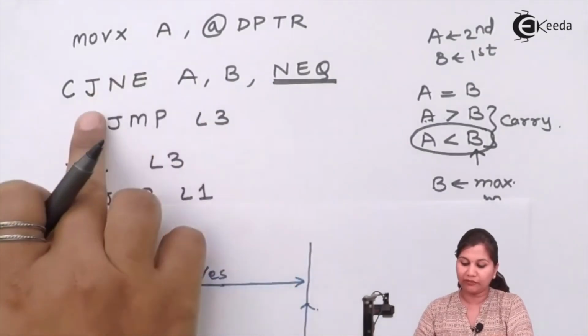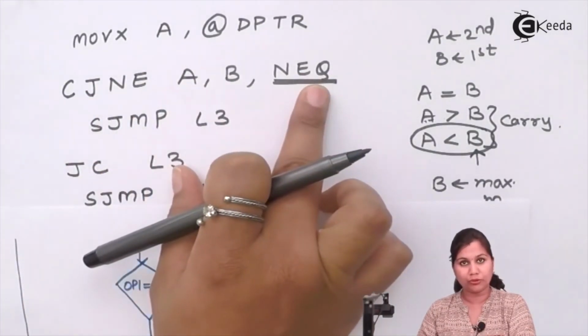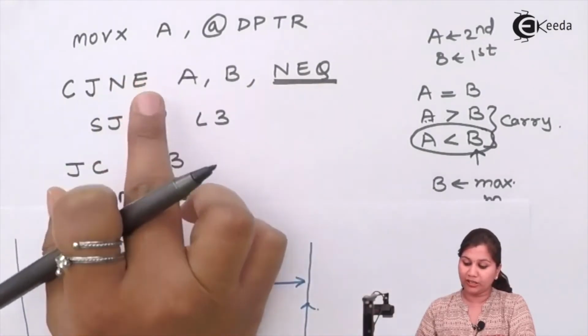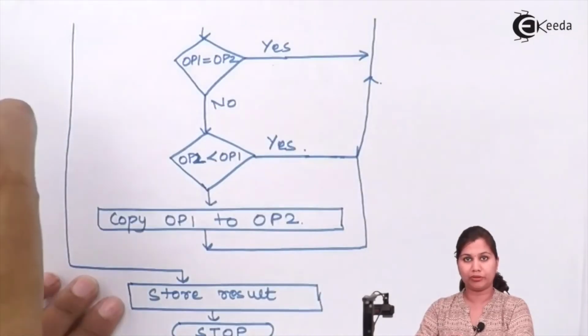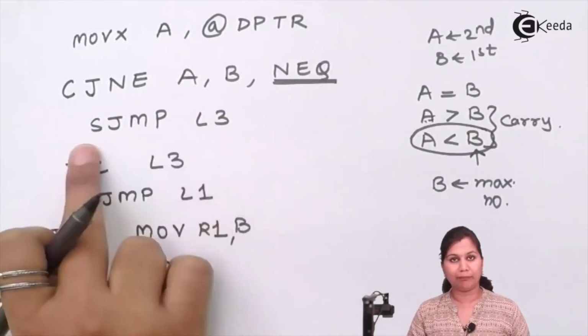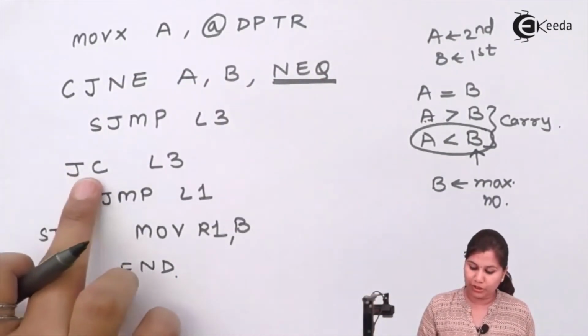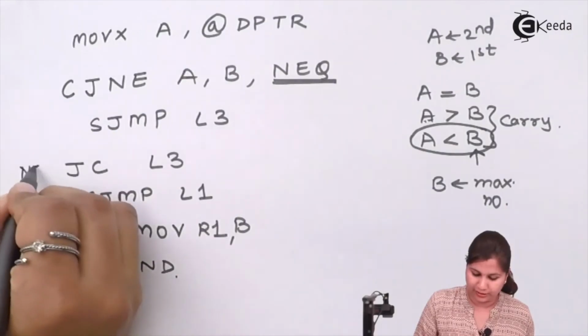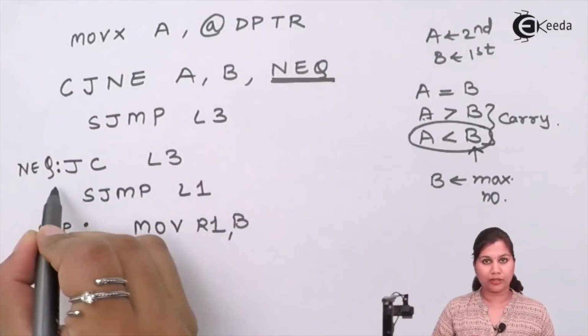If they are not equal, you have to jump to some memory location. If they are equal, you have to repeat the process. Here also, when they are equal we repeat the process, and when they are not equal, it jumps to the memory location NEQ.